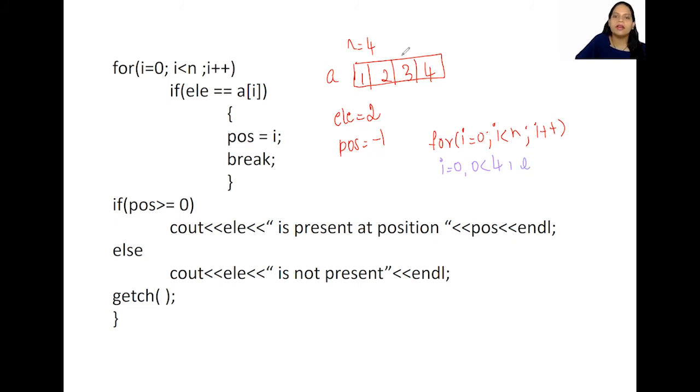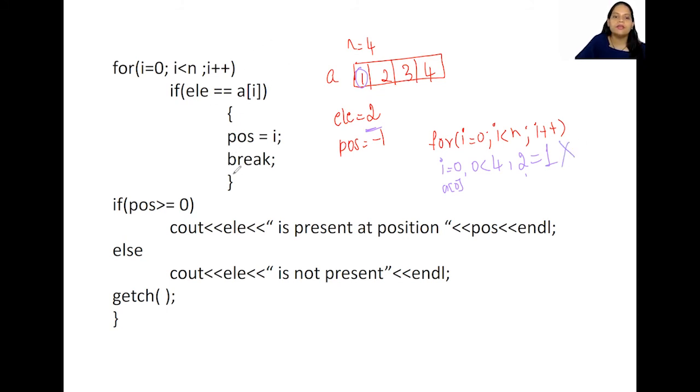What is our element value? It is 2. We need to find 2. Is 2 equal to A of i? A of i is A of 0, which is 1. Is 2 equal to 1? No, it is not true. So what is going to happen?